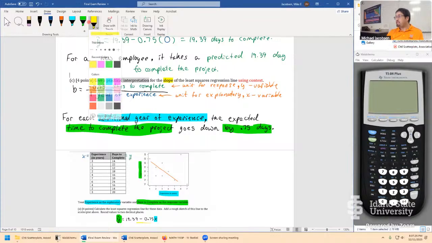And the last bit about this is we said goes down specifically because the slope is negative, that negative 0.75 there. So that's the writing out the context for this kind of situation.